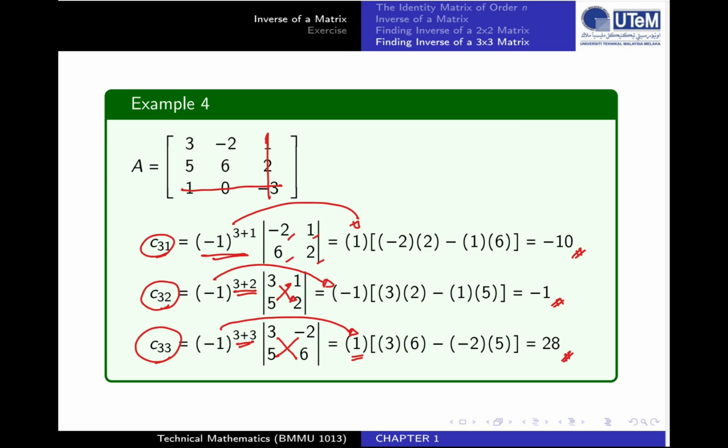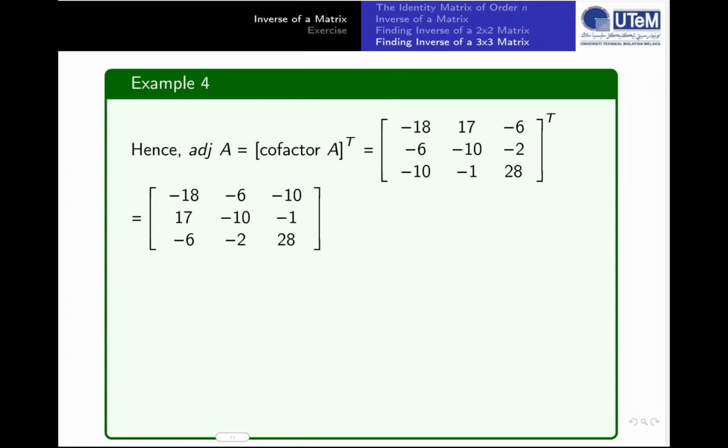So we already know all the cofactors of the elements. But we want to find the inverse, so we must use the adjoint. We know that the adjoint of matrix A equals the transpose of the cofactor matrix of A. So we need to transpose the cofactor matrix.